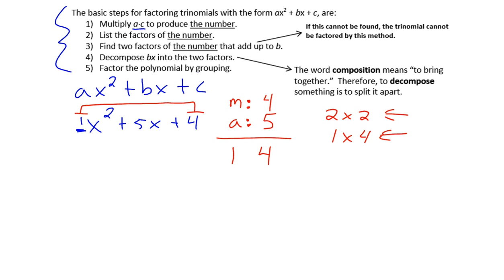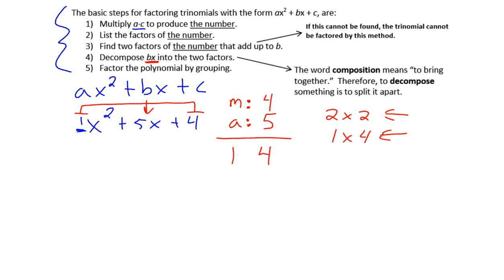Okay, so we figured out the numbers that we're after. Now, next step, it says decompose bx, that's this one, right? Bx into the two factors. You guys know what the word decompose means? Break down. We're going to break down this 5 into these numbers, the ones we just found. So instead of a 5, it's going to be 1 and 4.